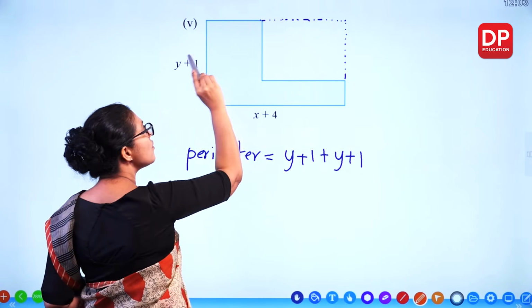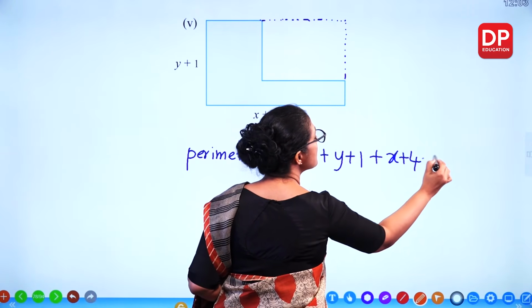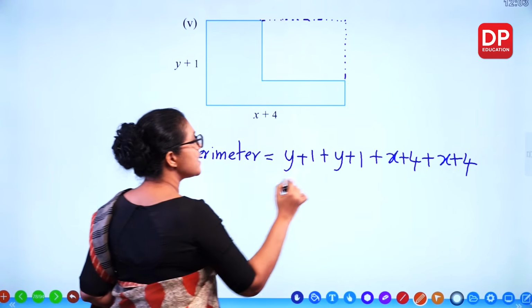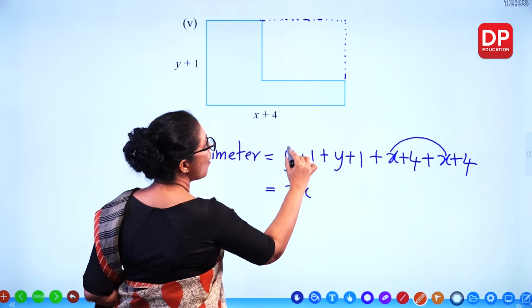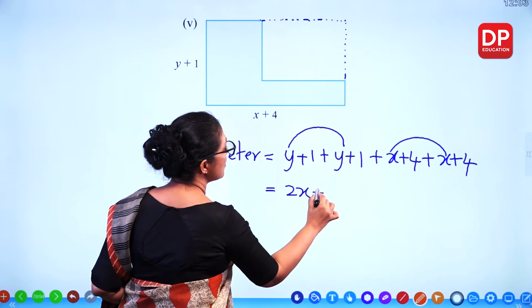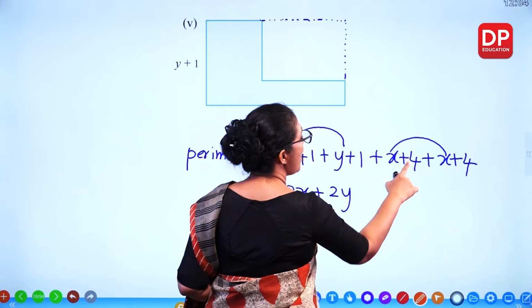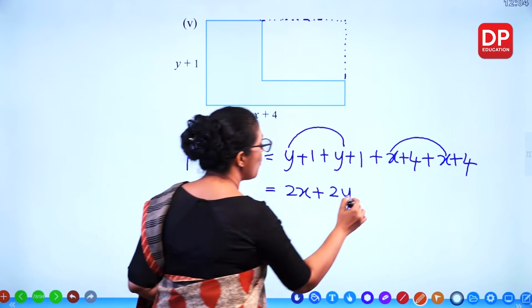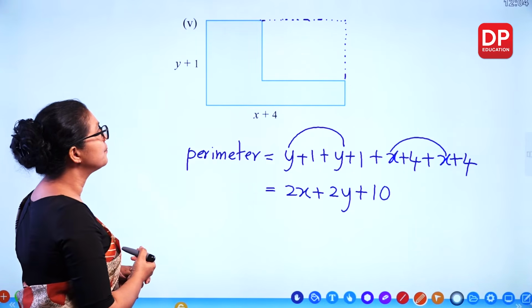And this length you get here, x plus 4, another x plus 4. So like terms, add x and x, you get 2x. Y and y, 2y. 1, 2, and then 4. 4 plus 2, 6. 6 plus 4, you get 10. So that's the perimeter of this figure.